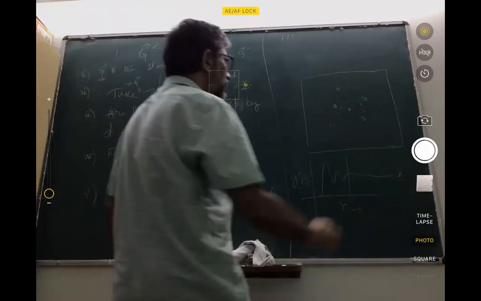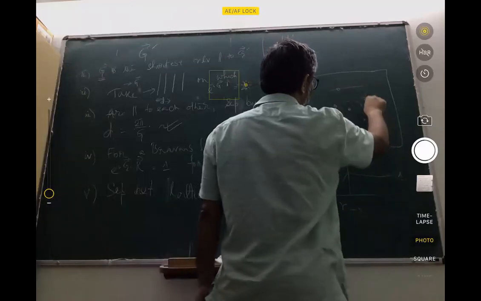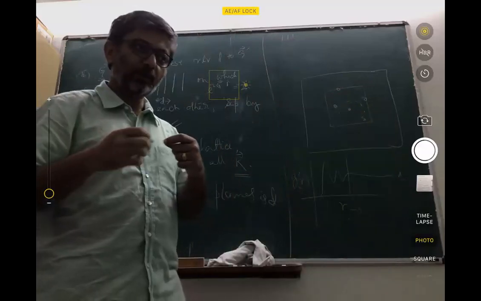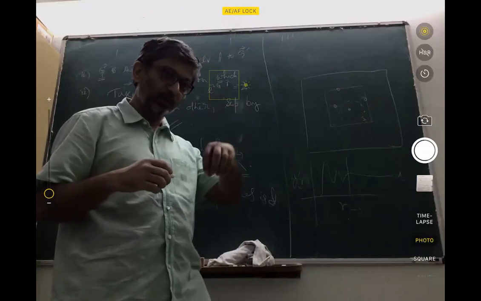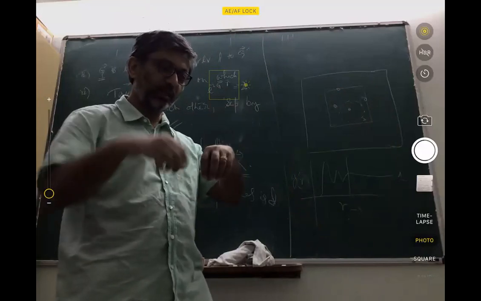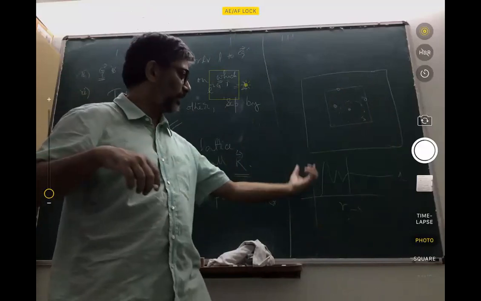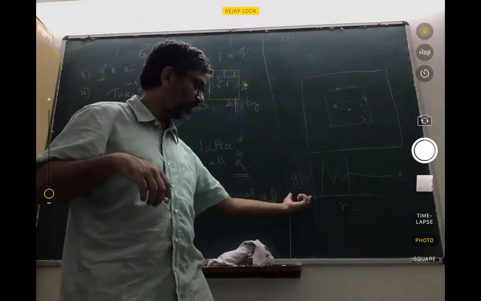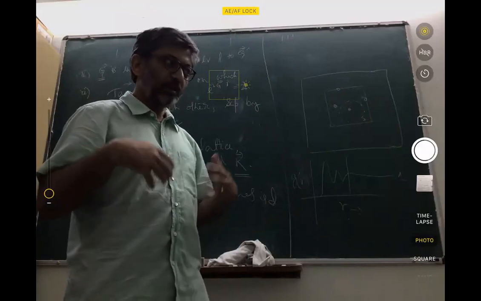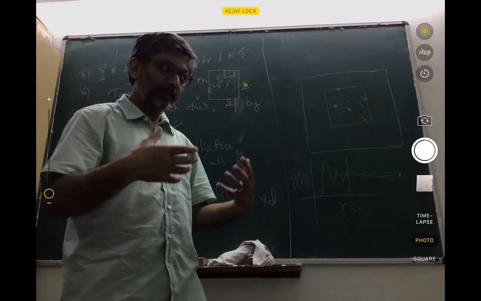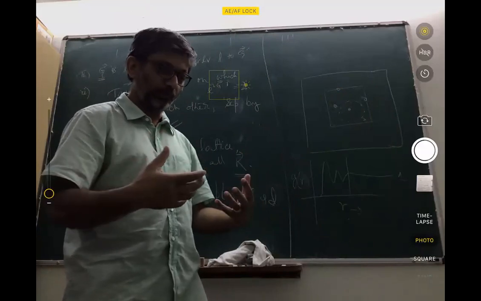Now, when you numerically do it, you have to take one of these objects as your origin, and then look where the other ones are relative to this, and that way calculate g of r. When you're doing numerics, getting more data means your statistics improves.